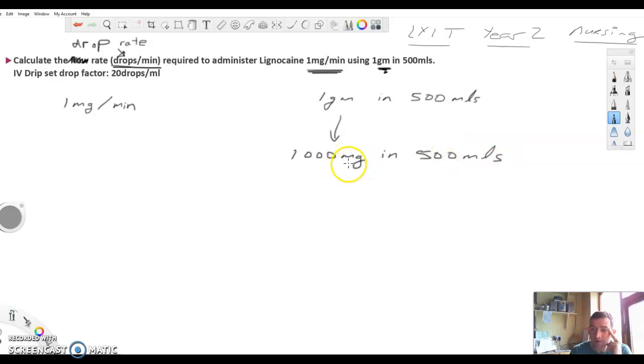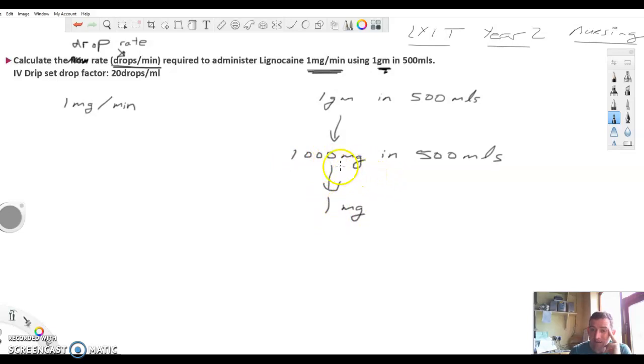And now we have the units the same, right? 1,000 milligrams in 500 mils. And we're wanting to supply 1 milligram per minute. So if we divide 1,000 milligrams by 1,000 it gives us 1 milligram.